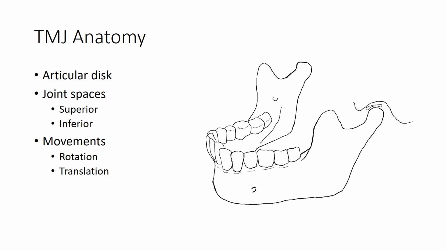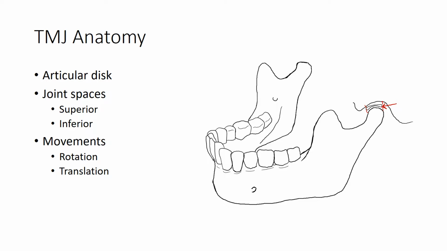So now I want to review anatomy that's specific to the temporomandibular joint, and I'll start with the articular disc, which is right here. And this disc actually separates the joint into two separate joint spaces. There's the superior joint space and the inferior joint space, and they really are separate spaces, and they allow for different types of movement.